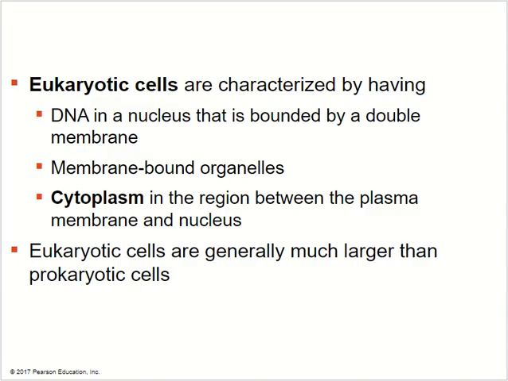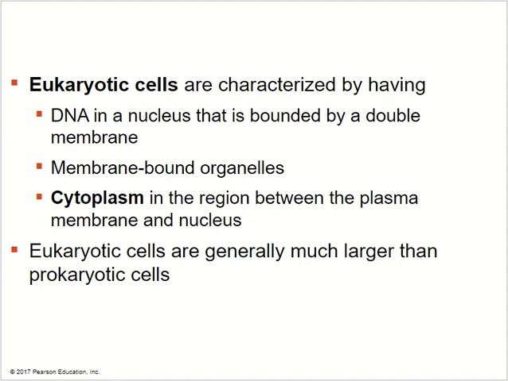Eukaryotic cells have DNA protected by a membrane-bound nucleus, specifically a double membrane, adding extra protection from outside changes that could mutate or harm that DNA structure. Eukaryotic cells also have membrane-bound organelles, and they have cytoplasm in the region between the plasma membrane and nucleus.